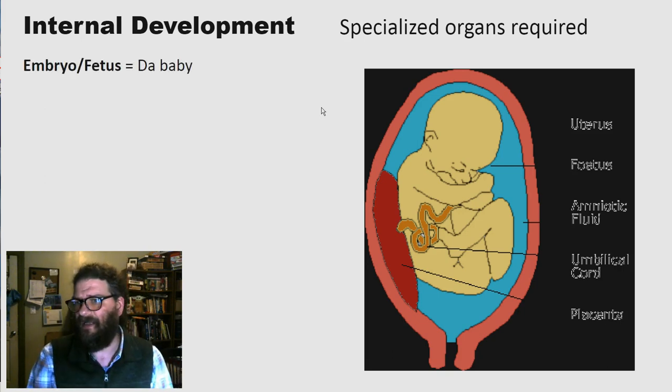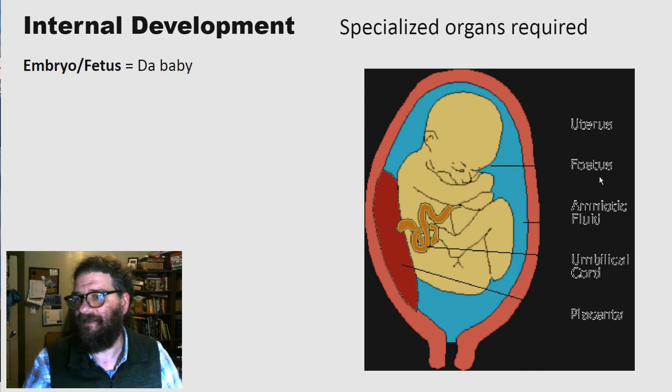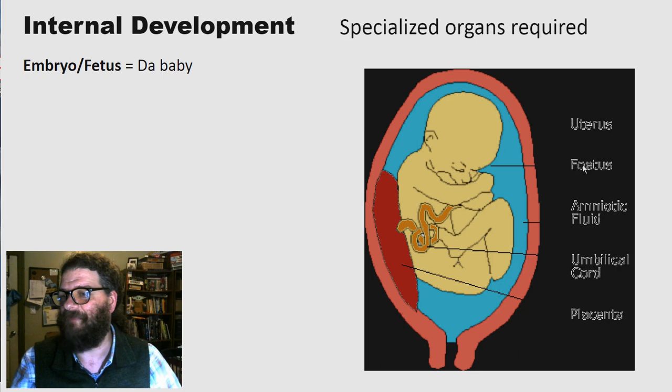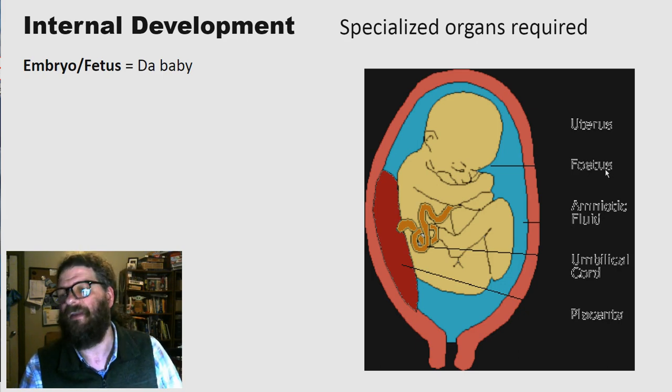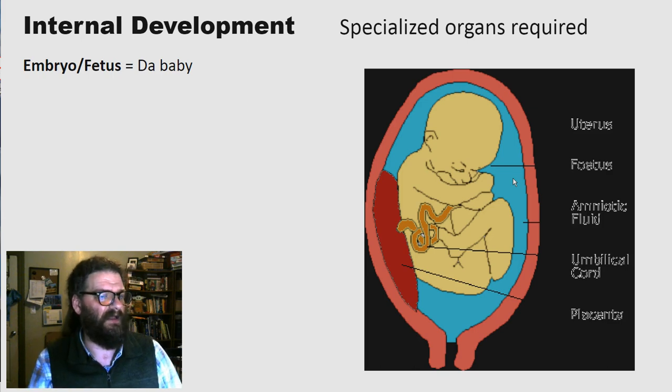Again, we have the embryo, and I can tell this is a European version of the diagram because they're spelling it with the OE. There's a name for that letter that I can't think of off the top of my head, but it's fetus. All right, a fetus is a term for a late term.